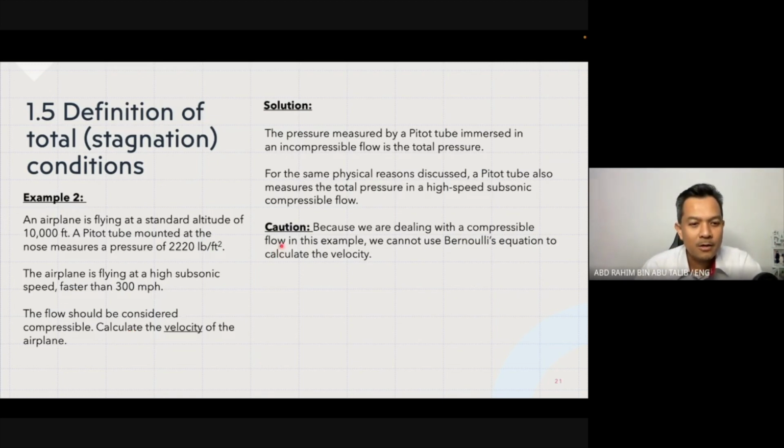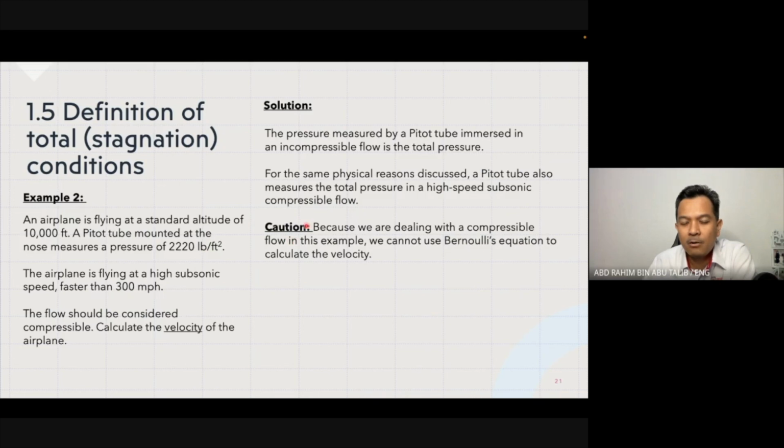So how do we calculate the velocity of the aircraft? Let us look into the condition here. The pressure measured by a pitot tube immersed in an incompressible flow is the total pressure. For the same physical reason, a pitot tube also measures the total pressure in high-speed subsonic compressible flow.